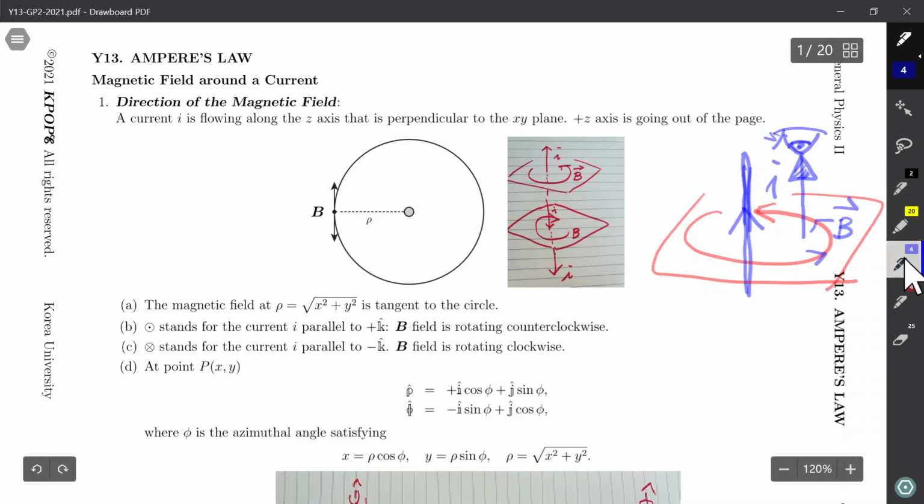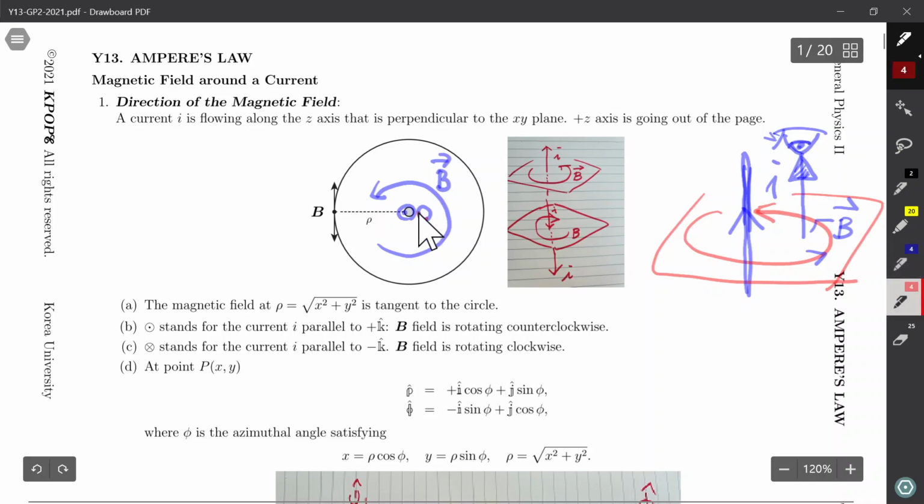On the cross-sectional plane, if the current is flowing out, then the magnetic field is counterclockwise. If the current is going into the plane, then the magnetic field is clockwise.